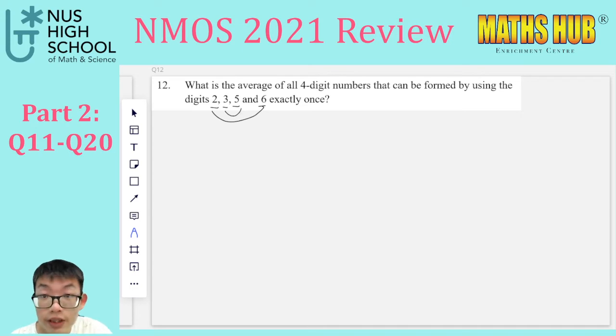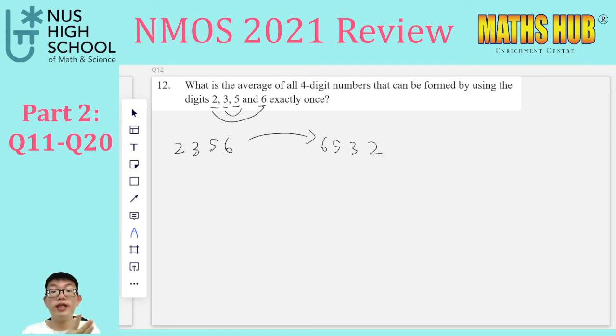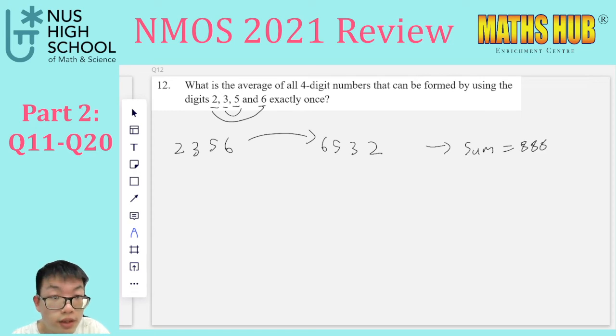So for example, if let's say that you have 2, 3, 5, 6, I can pair it up with 6, 5, 3, 2. Now, because the digits 2 and 6 sum to 8 and 3 and 5 sum to 8, it gives you a sum of 8, 8, 8, 8, and the average is 4, 4, 4, 4.